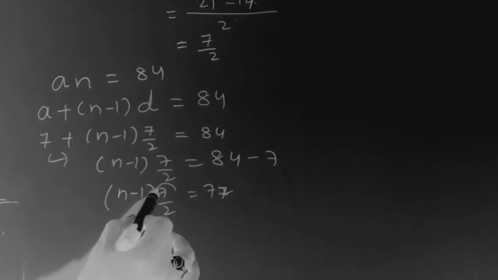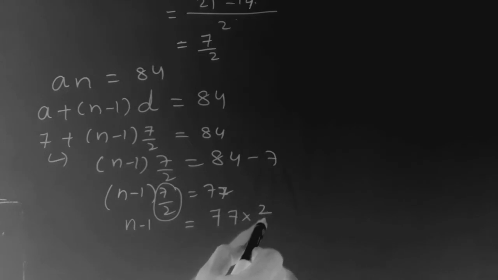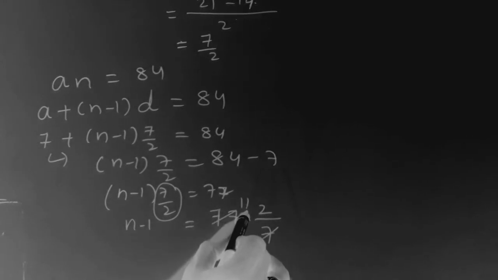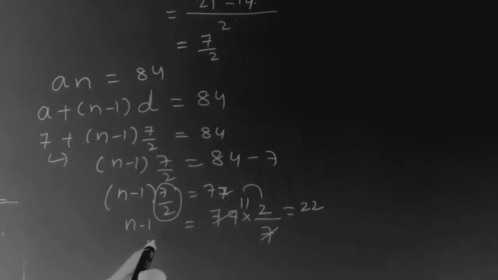So here 7 by 2 is in multiplication, it goes to division. So n minus 1 is equal to 77 into, whenever a fraction comes to the right side, it becomes reversed, 2 by 7. 7 1 times, 7 11 times. 11 into 2 is nothing but 22. n minus 1 is equal to 22.